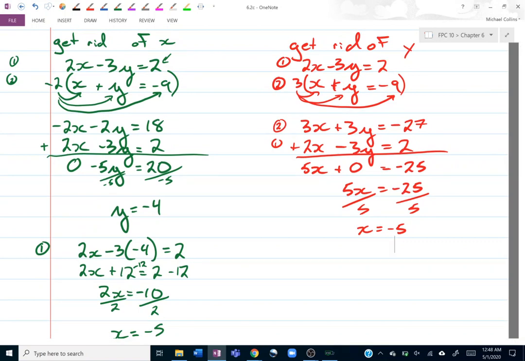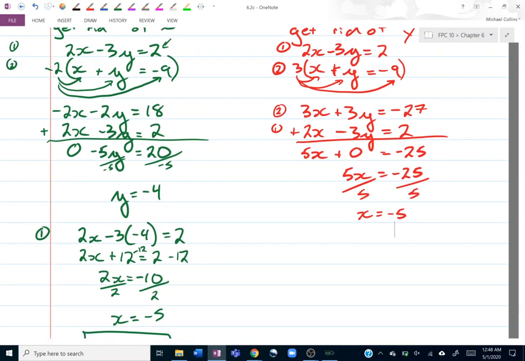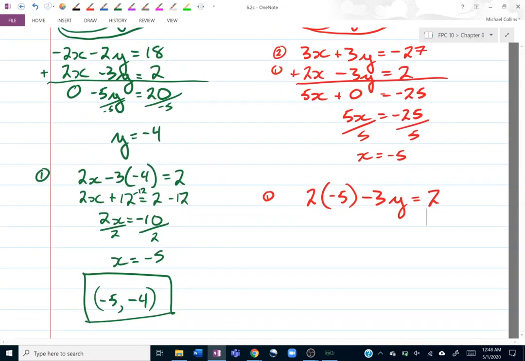I'm going to take this negative 5, and I'm going to substitute it into my 2x minus 3y is equal to 2. So I have a 2, my x is going to be negative 5, minus 3y, and this is just from equation 1, is equal to 2. I'm going to simplify.